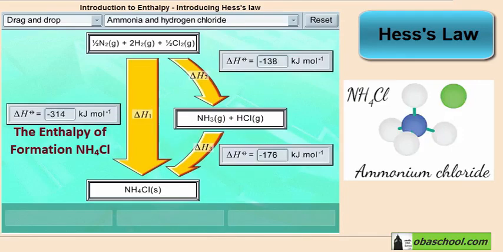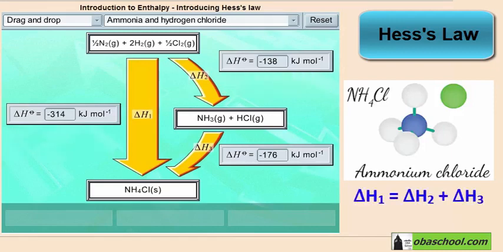What enthalpy changes would make the total enthalpy change of this reaction, which is this one, delta H2? Exactly, it's the enthalpy of formation of ammonia and the enthalpy of formation of hydrogen chloride. Notice that the value of delta H1 is equal to the sum of delta H2 and delta H3, and this is Hess's law.